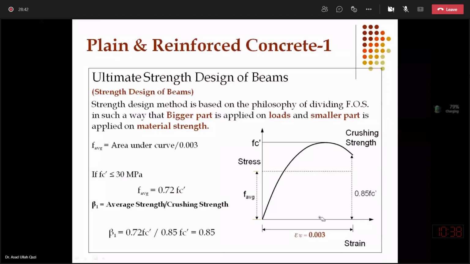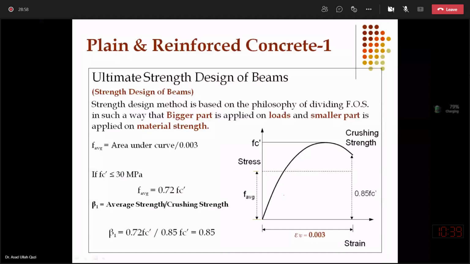The best thing is to calculate the area under this curve. If I know the mathematical model of this curve, I can do integration and calculate the area under it.